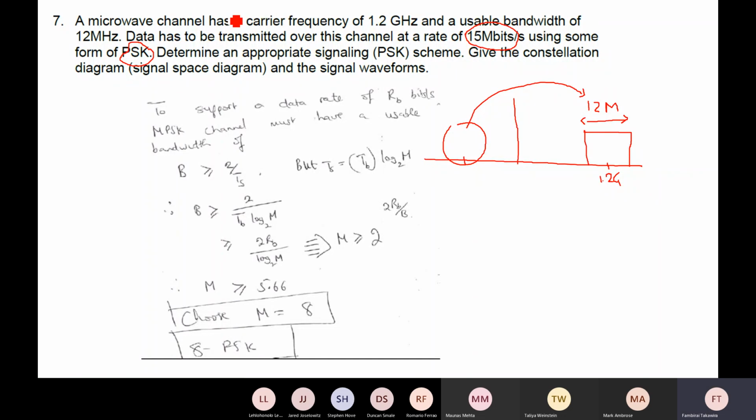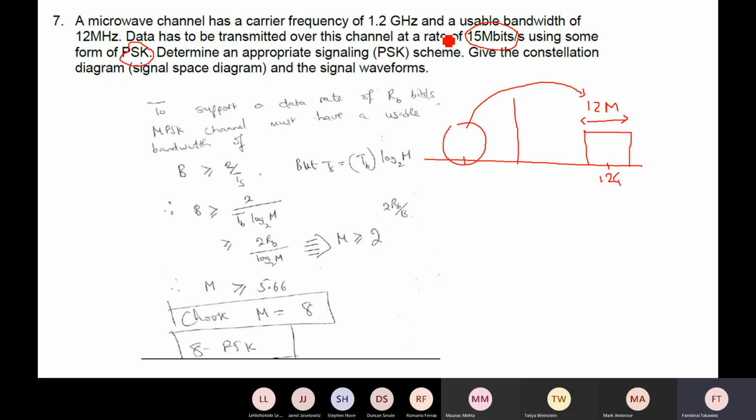So we would need a bandwidth of 30 megahertz, but we don't have that. We've only got 12 megahertz of bandwidth. So the only way in which we can fit a data rate of 15 megabits per second through a bandwidth that is less than 30 megahertz is by using multi-level signaling.